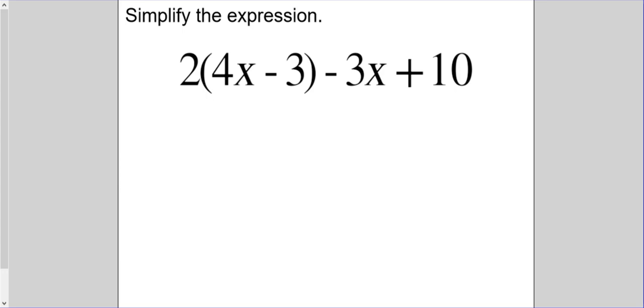So here I'm trying to simplify an expression, and this expression has multiplication, it has subtraction inside of parentheses, it has subtraction outside of parentheses, and addition outside of parentheses. So I kind of still want to think about this as order of operations where I do all of my multiplication first, which in this case is called distributing.